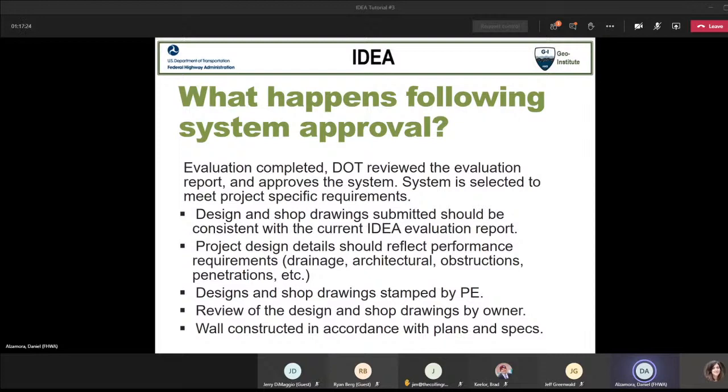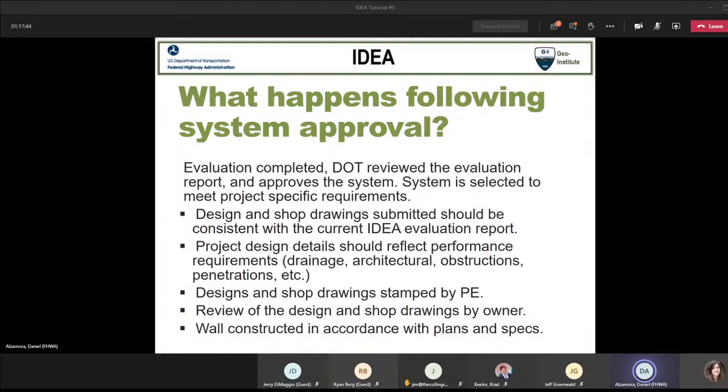The project design details should reflect performance requirements, drainage, architectural, everything else that's needed. The design and shop drawings need to be stamped by a PE. That's normal review of the design and shop drawings by the owner.